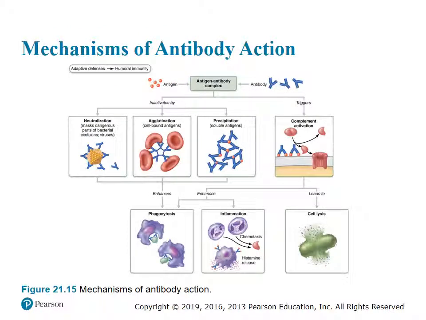I want to go to this figure here because it actually shows all four of them, and talk about each one of these. Here's neutralization, our first one. And neutralization means to neutralize the threat. What we see here in our example in the yellow is a virus, and what we see in the blue are your antibodies.